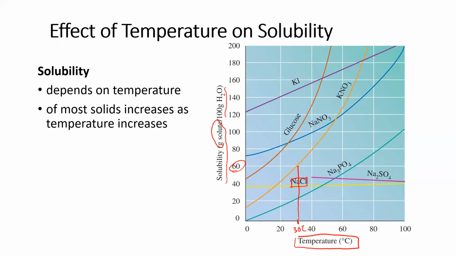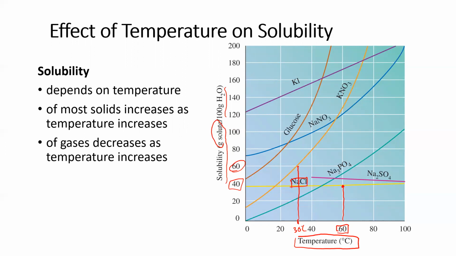Now, if I'm at 60 degrees Celsius and I want to know how many grams of sodium chloride, I go up from 60 and I see right there, 40 grams of sodium chloride will dissolve per 100 grams of water.